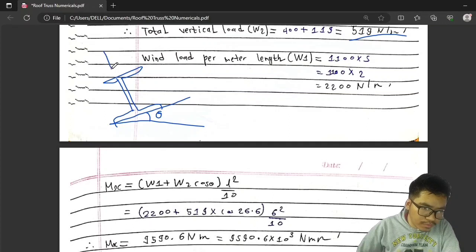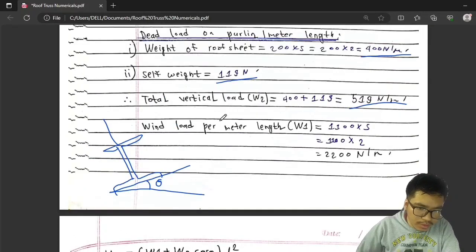This W1 is the wind load, which acts perpendicular to the roof, and this is W2. W2 is the total vertical load.